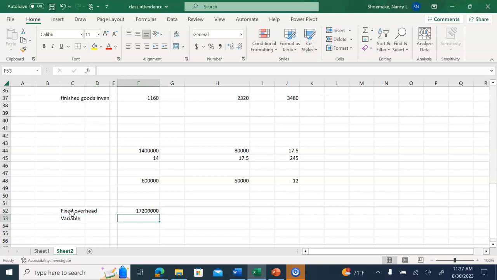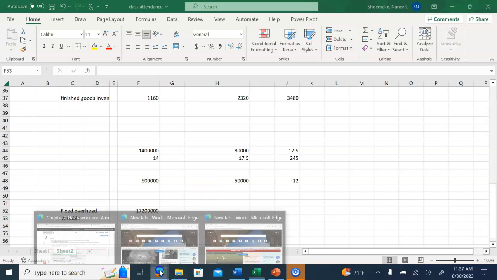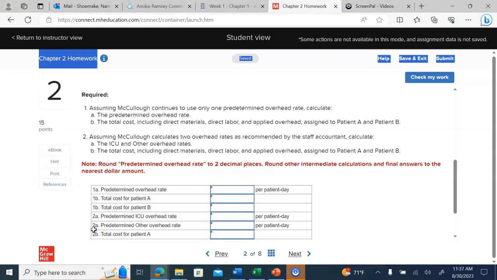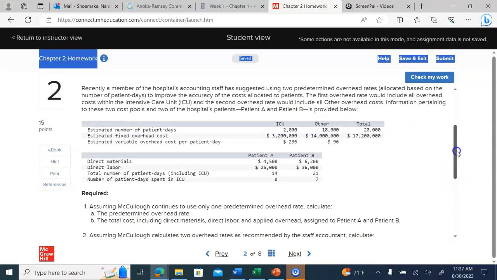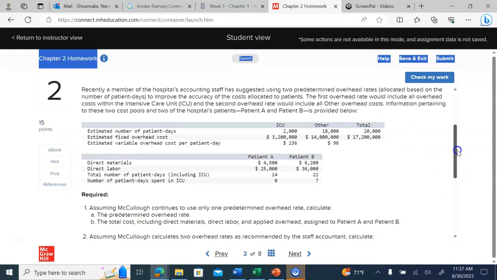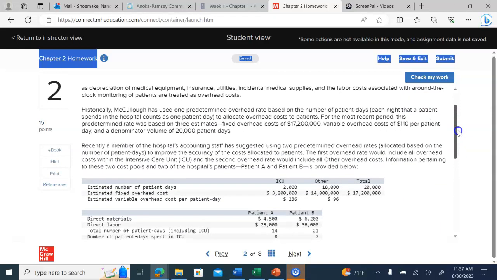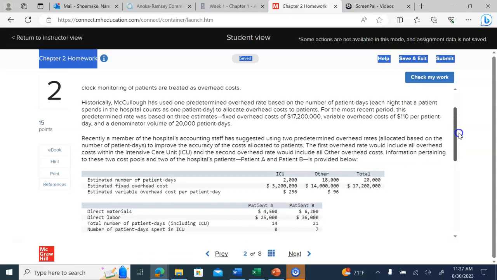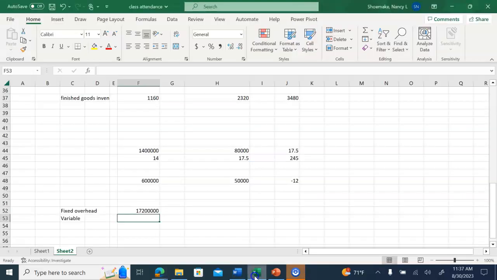was, where is it? 110 times 20,000 patients, right? 110 times 20,000, or 2,200,000.